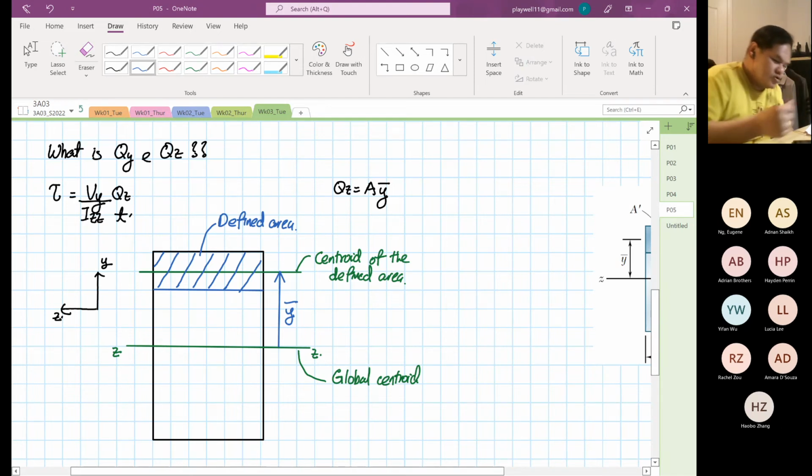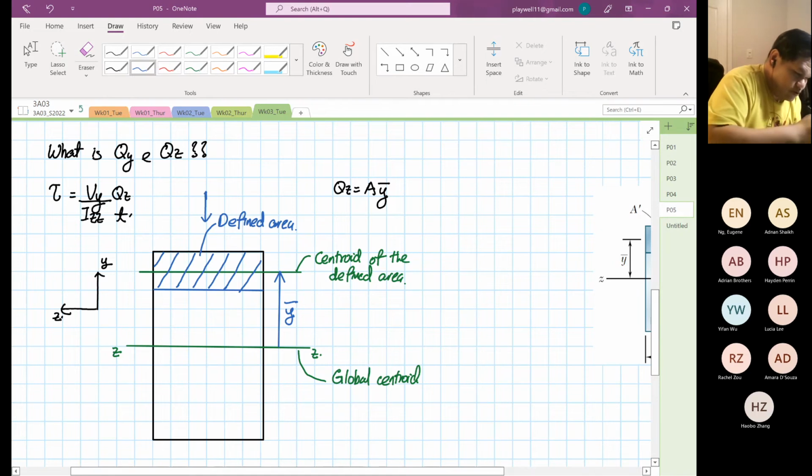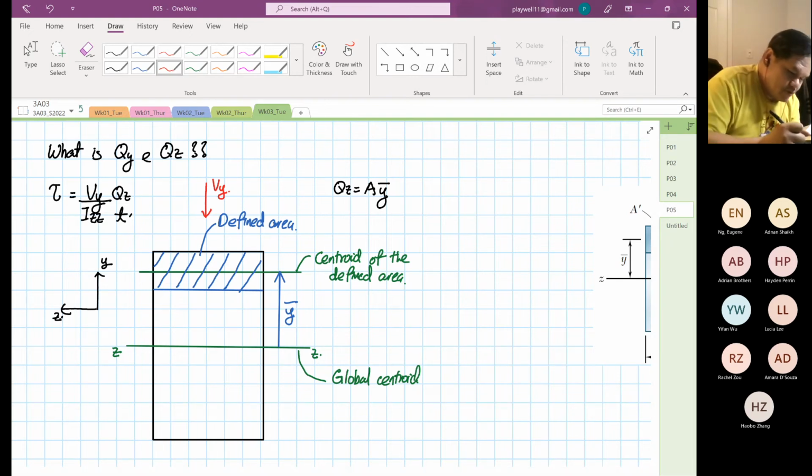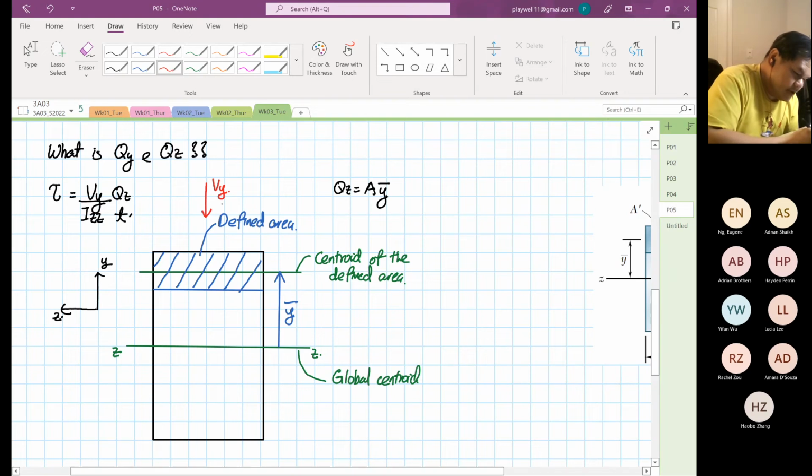So Vy is coming down in this direction. I should use a different color. This is our Vy. Because it's Vy over Izz, the axis to find your second moment is ZZ.